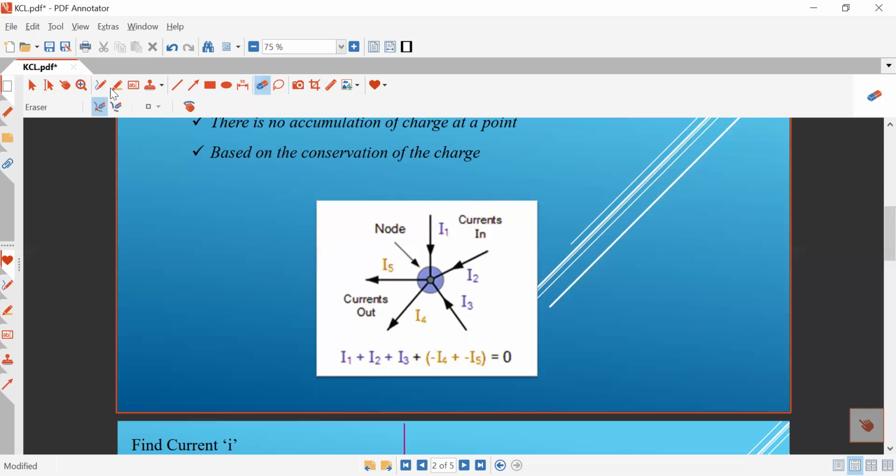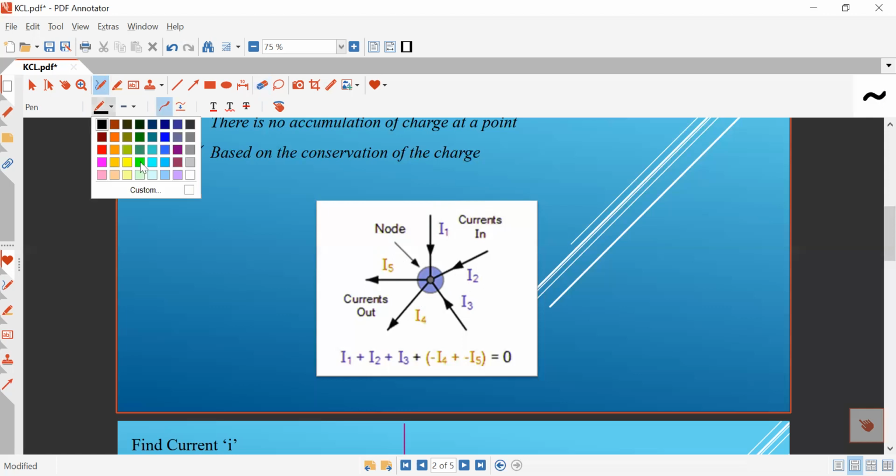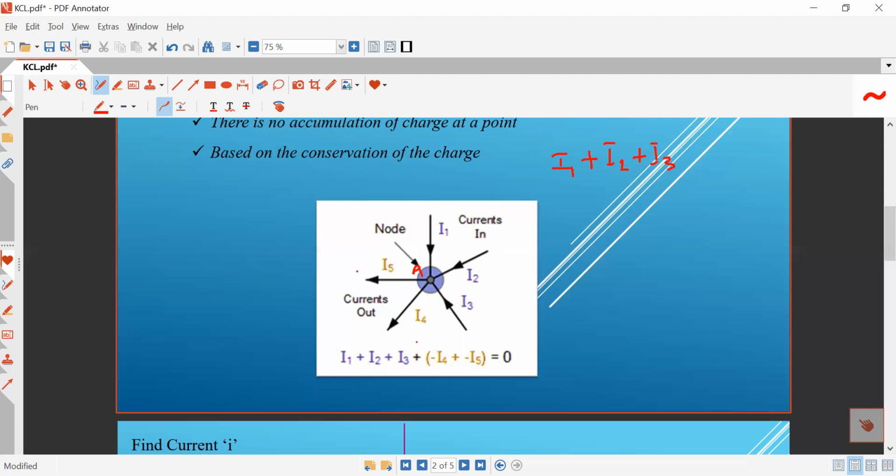According to Kirchhoff current law, the algebraic sum of current at any node will be equal to 0. So if you apply Kirchhoff current law at node A, what will be the algebraic sum of the current? I1, I2 and I3, all of these currents are coming toward the node. The sign of these three currents will be positive. And as you can see in this circuit, the currents I5 and I4 are going away from the node. So the sign of these two currents will be negative.